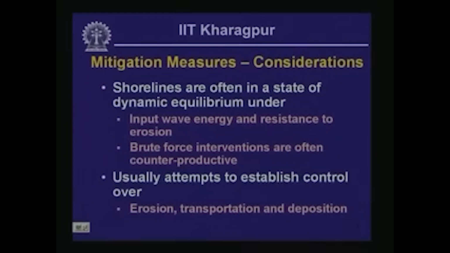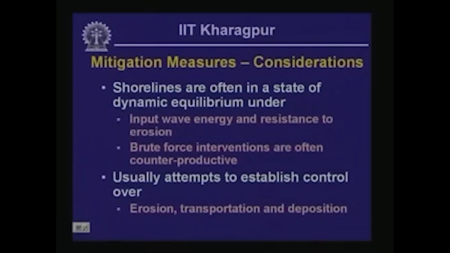So essentially, we were looking at the erosion and deposition due to wave actions, and here our concern is to look at the mitigation processes that are required to go around these problems. Now in order to identify a proper mitigation measure, you need to have a few considerations, and these are extremely important.